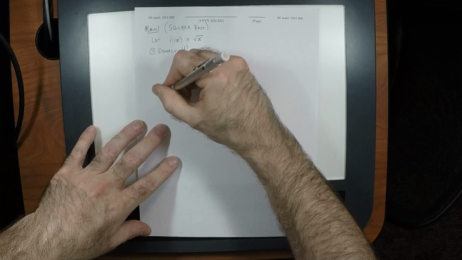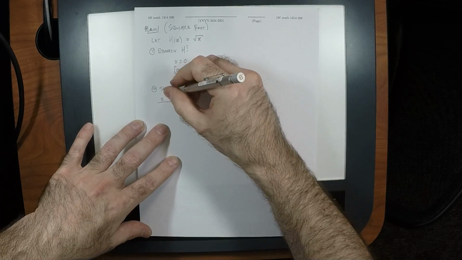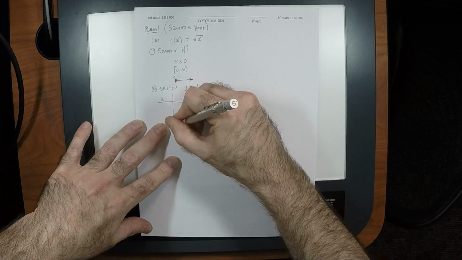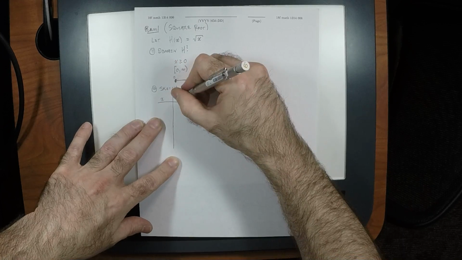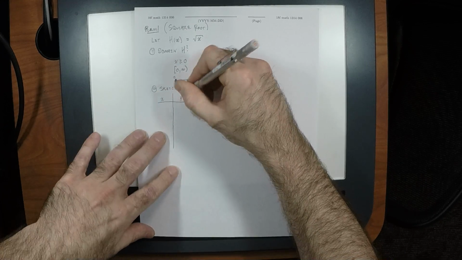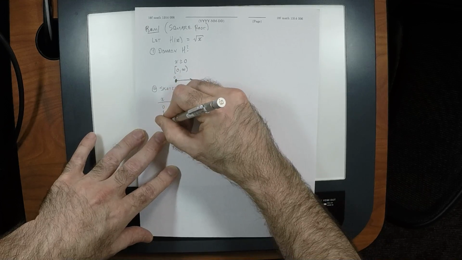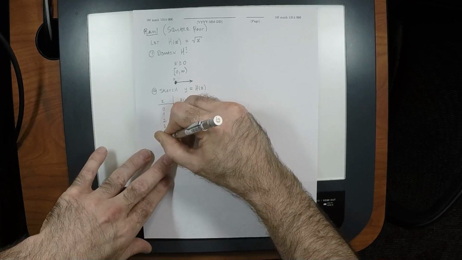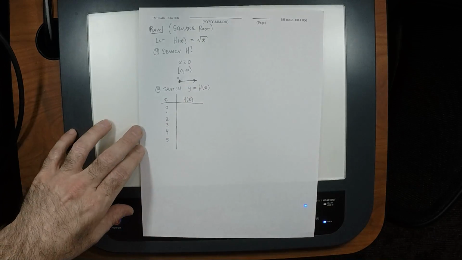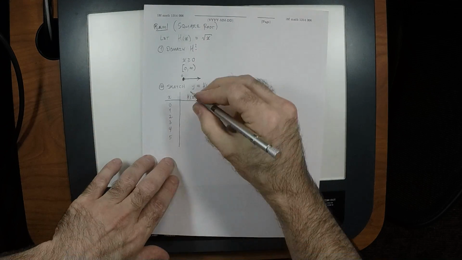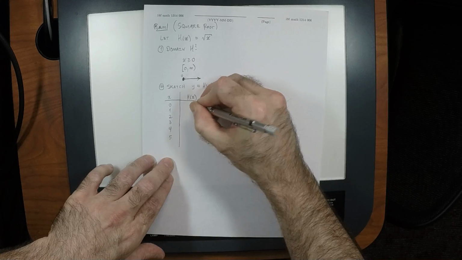So to that end, I'll make a table here. So x, h of x. So I want to do all these: 0, 1, 2, 3, 4, 5, say. So what's the square root of 0? 0.